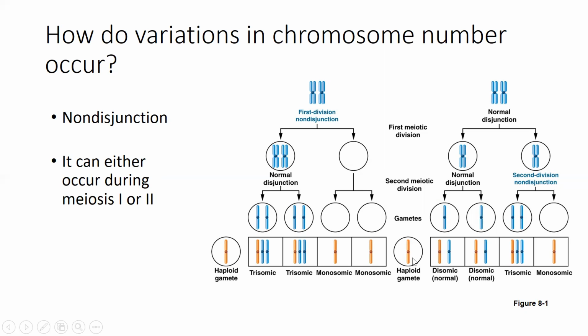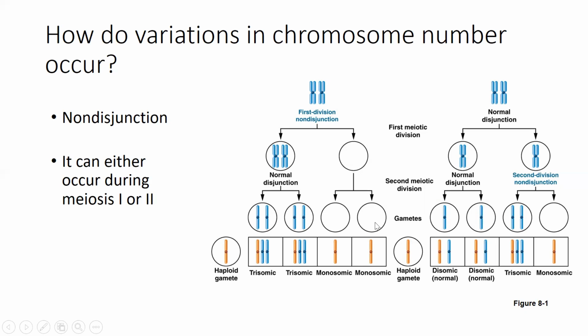When the homologous chromosomes come together, and then it ends up here. When it comes into the second level of meiosis, you see this goes normal disjunction and comes down pairing up properly. In the second non-disjunction, you see the chromosomes getting trisomic and monosomic, right?